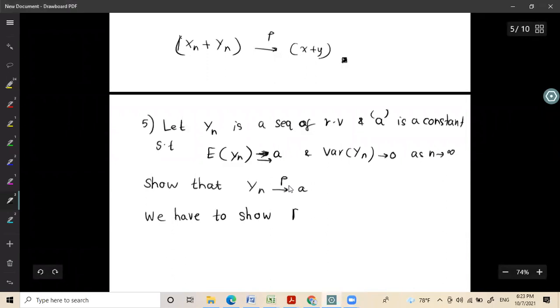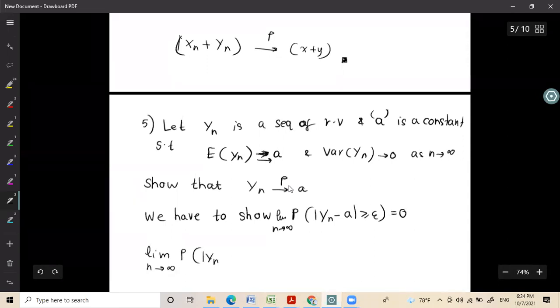We have to show that the limit as n goes to infinity of the probability that |Yn - a| is greater than or equal to epsilon is 0. Let's start with the left-hand side and see whether you can show that the right-hand side is 0. I suppose you are also doing these examples with me, right?